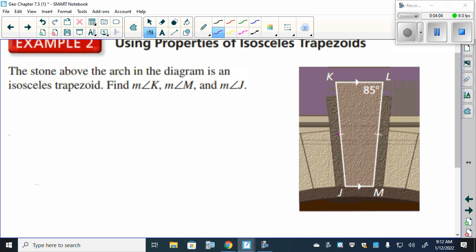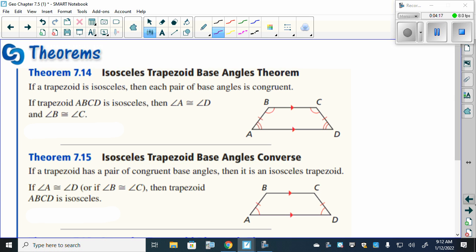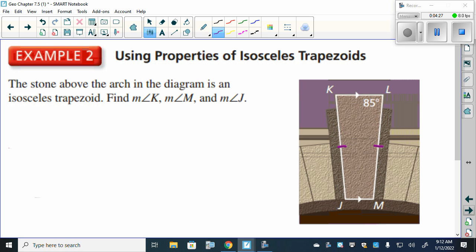All right. These are congruent, yes? So what do we know is congruent for angles? Let's look back. Because if a trapezoid is isosceles, and we do have that, yes, then each pair of base angles is congruent. So J and M would be congruent, and K and L, as the base angles are the angles connected on the same parallel line.